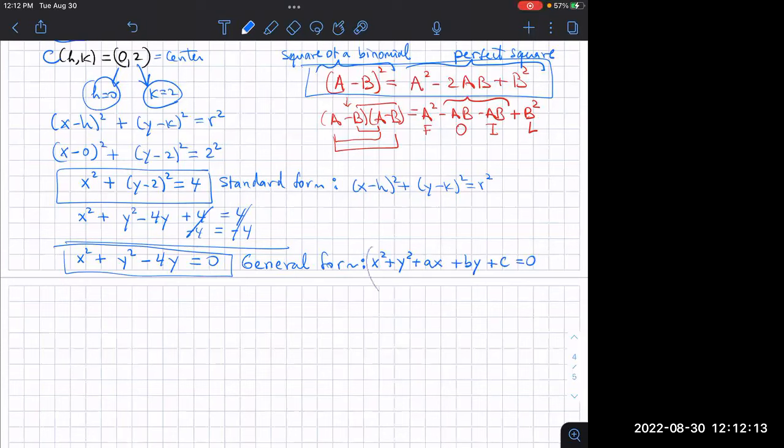You see there are no parentheses in the general form, and parentheses in the standard form. So what happens is you go to the standard form and you open the parentheses. Okay, any questions?